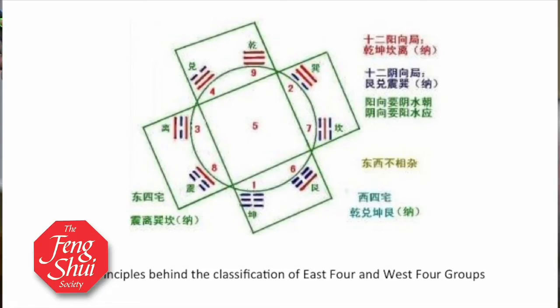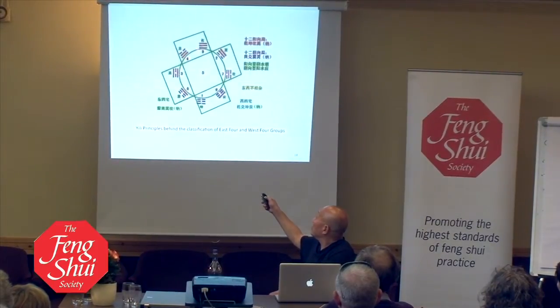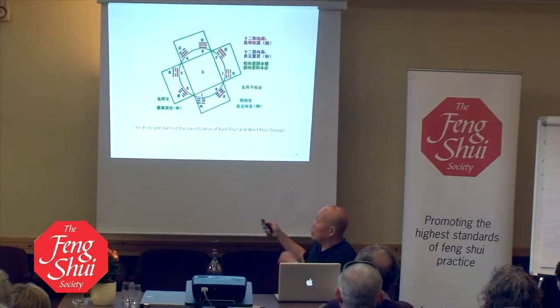And when you arrange these numbers and group them together, as I show in the cross here, you will see the pairing of 4-9, 1-6, 3-8, and 2-7.